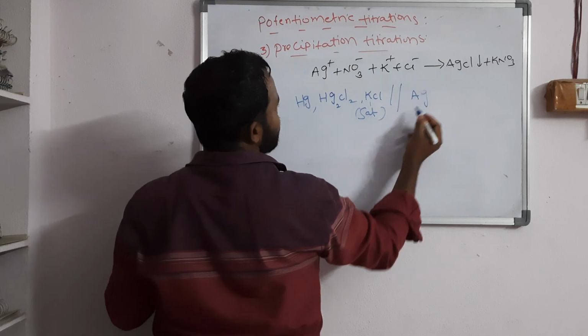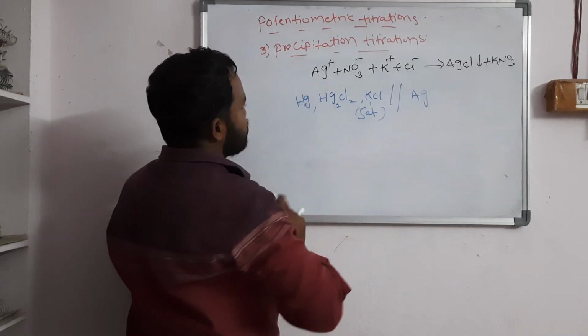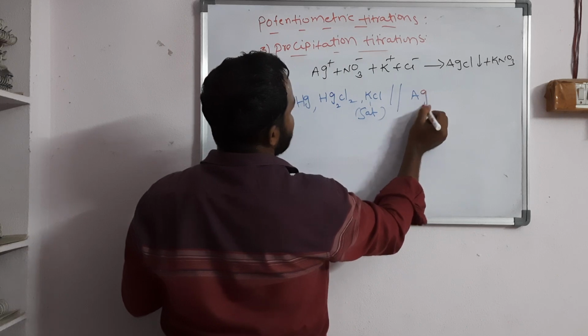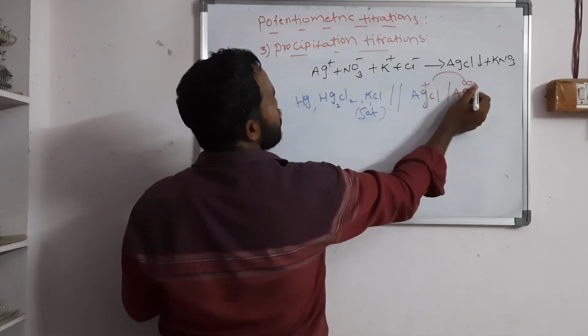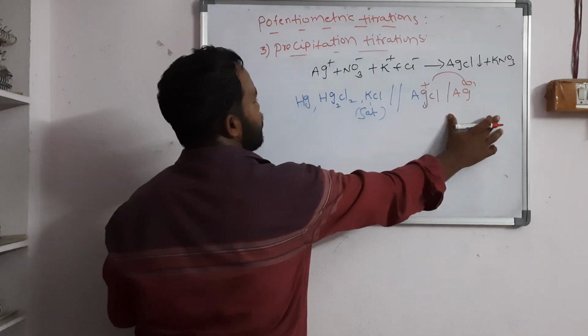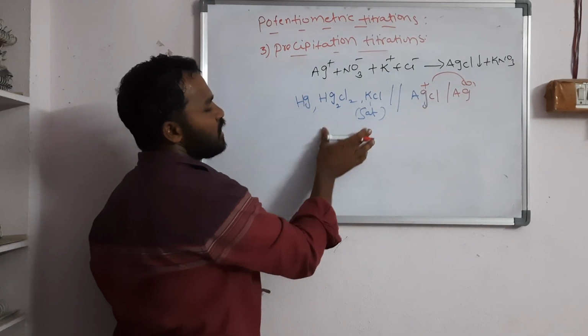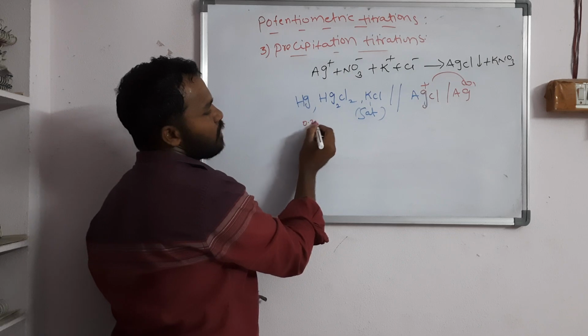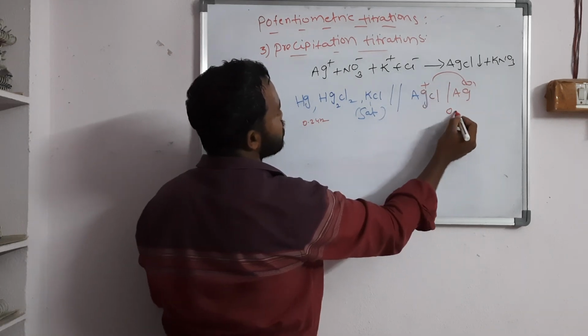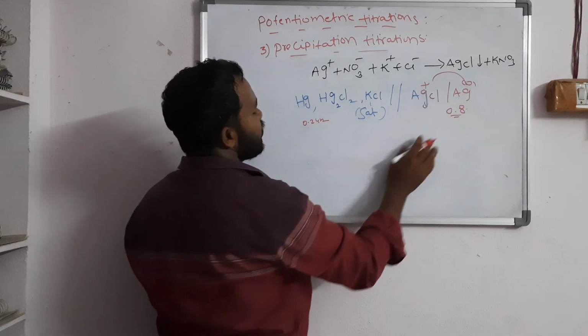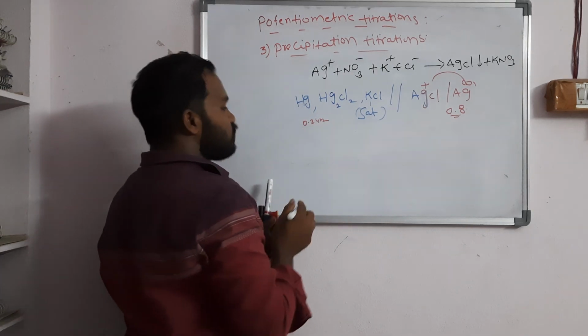It is reacting with silver chloride. Silver chloride contains silver plus ions. This is silver, plus 1 to 0 reduction. We are keeping it on the right side, and this is the left side. So the left side is 0.2422. For silver plus to silver, the value we already discussed: the reduction potential is 0.8, and the lowest is 0.2422.